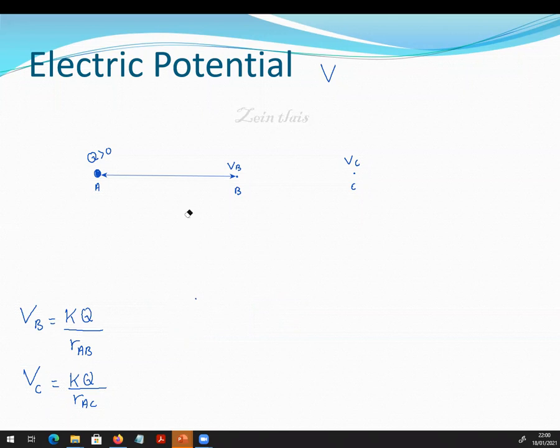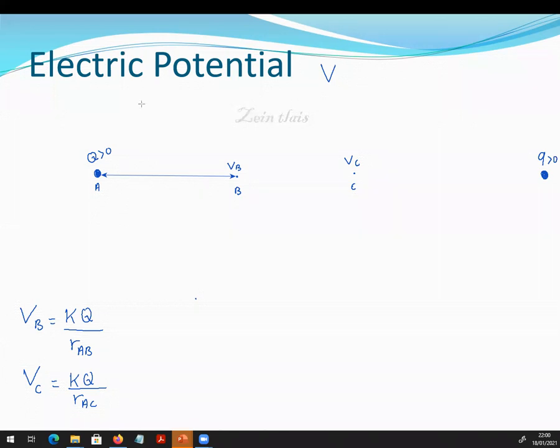Now, I want to find the relation between the electric potential energy U and the electric potential V. Initially, I have a charge at infinity. This charge is small q. It's a positive charge.